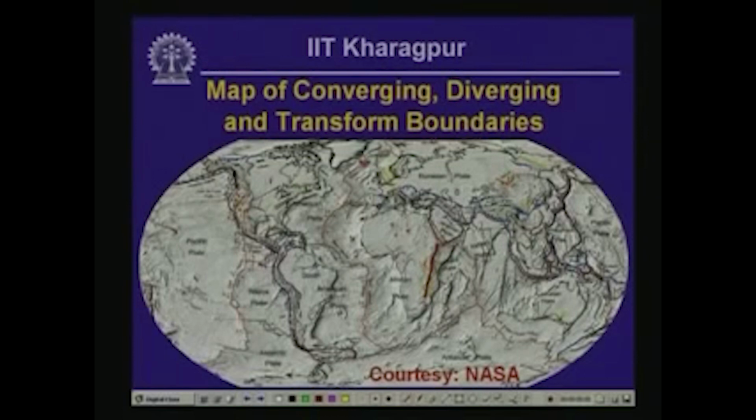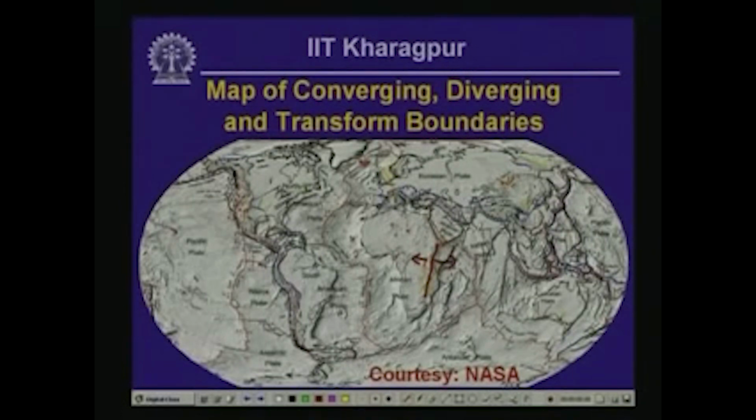Here what is happening is a spreading going on in a manner very similar in nature to the spreading that takes place near mid-oceanic ridges.